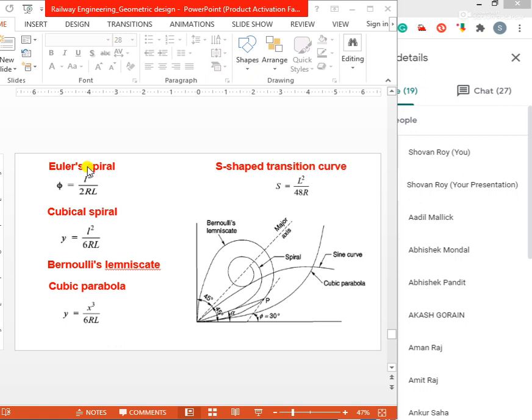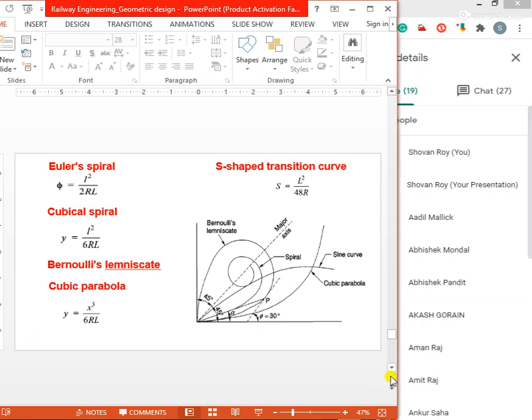Small l is measured up to the takeoff point, and capital L is the length of the transition curve. R is the radius of the transition curve. Phi is this angle value.